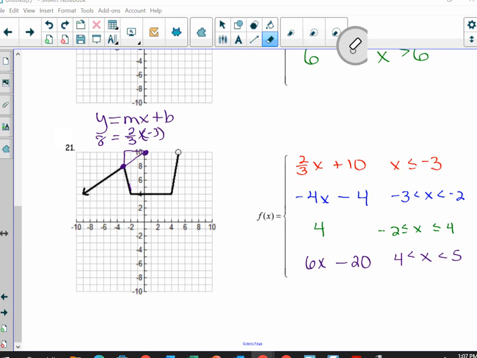What's the negative? One negative. Usually like this, negative one over two.